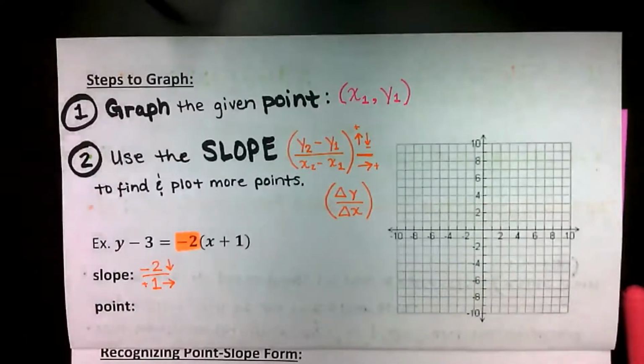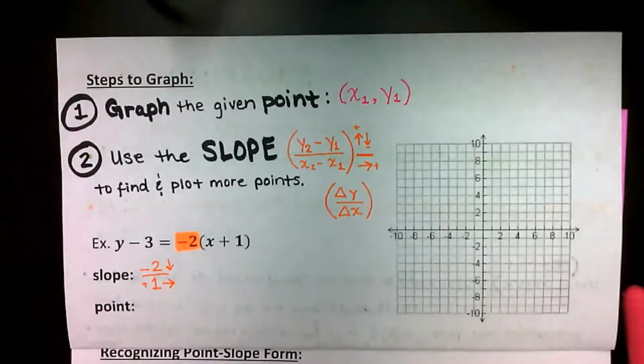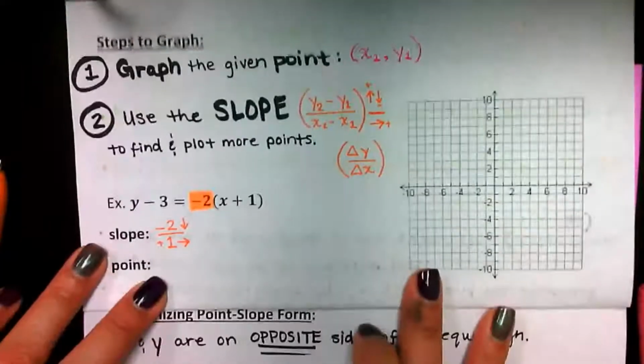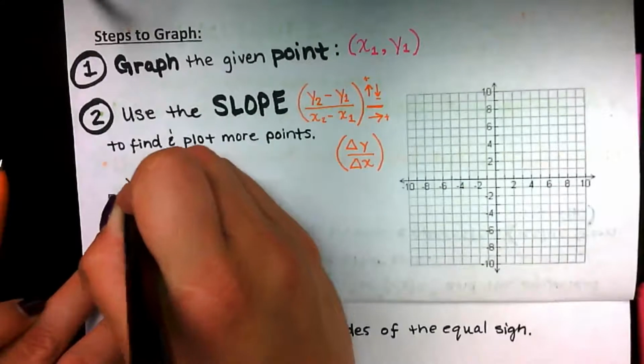So what I'd like you to do is go ahead and write the point slope form that we have written at the bottom part. I want you to write it right above here. And I'm going to go ahead and use some color while I'm doing this. Of course I am. So the equation that we have all the way down here, I'm going to write it above the given equation for the example.